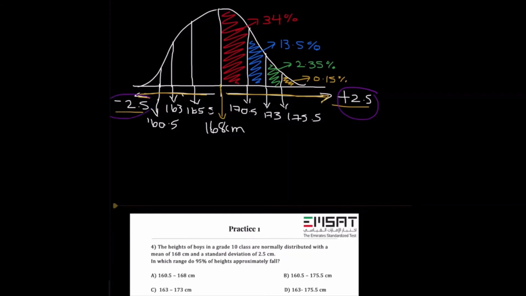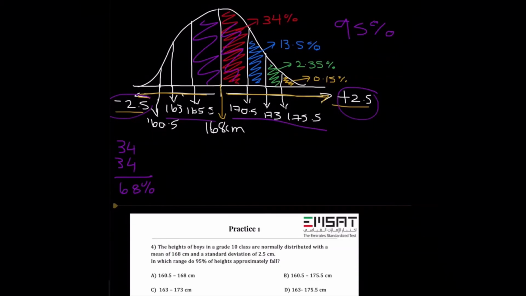2.5, which is the standard deviation, we are going to find the range of 95% from the graph using the numbers that are below. So here we're gonna add first 34% and 34%, which is 68 percent, and then we're gonna add 13.5 and 13.5 to 68.